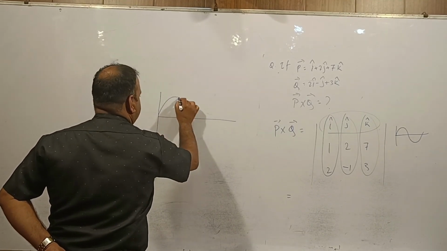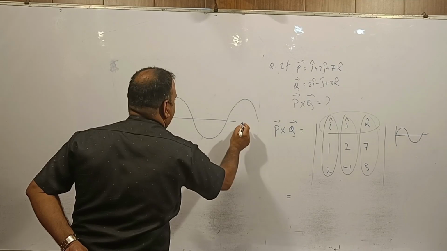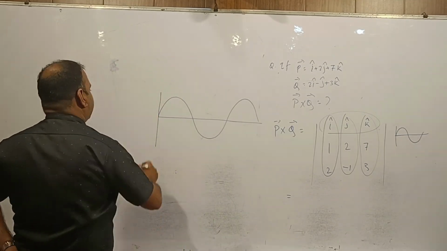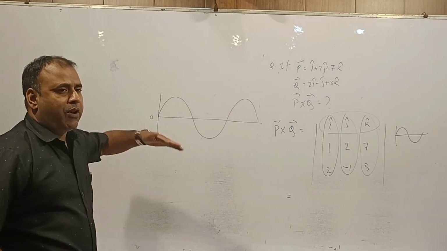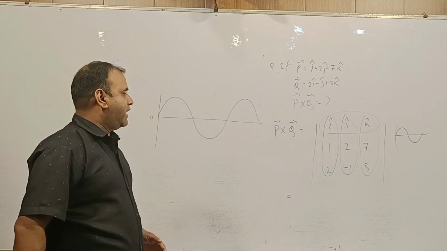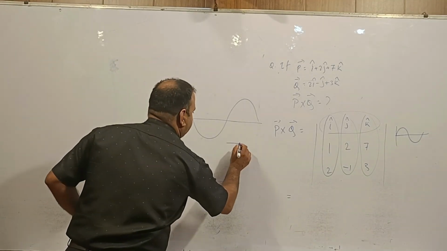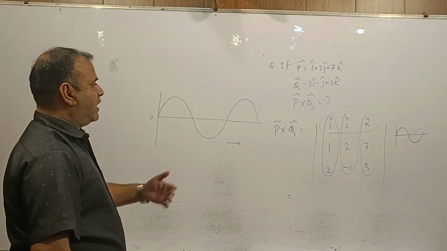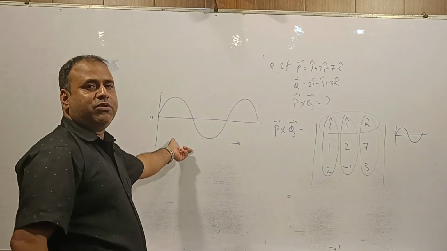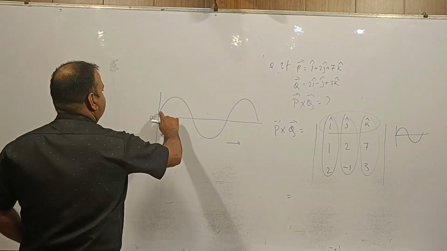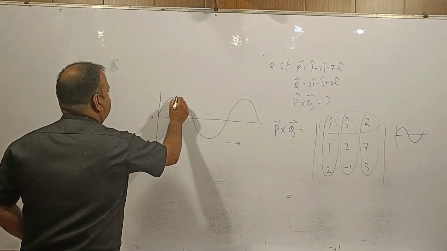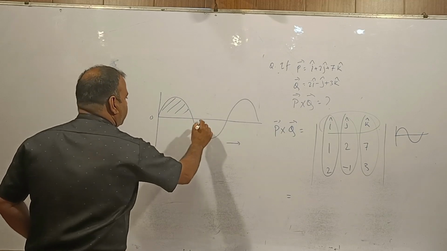So this is a wave. You can see this is a kind of wave. In this wave, the wave is propagating. The wave is going in the forward direction. That is why I am giving the direction arrow like this. Our target is to solve this one. So here this is called the positive part, and this part is negative.